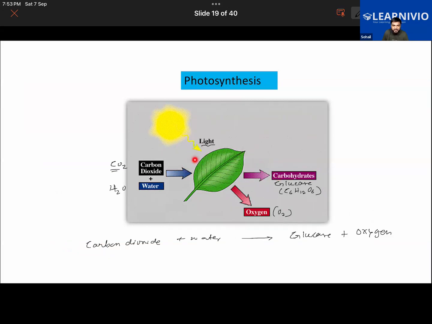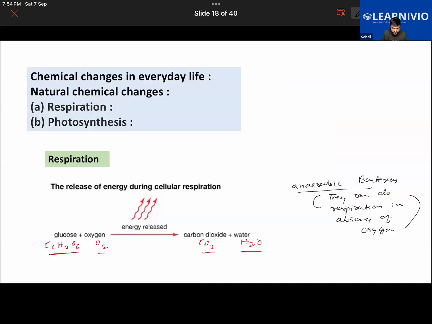Carbon dioxide and water, in the presence of light energy, are converted into chemical energy, that is glucose, and it also releases oxygen, right? But in respiration, it's the process by which a living organism converts the food into energy to use in the cells.